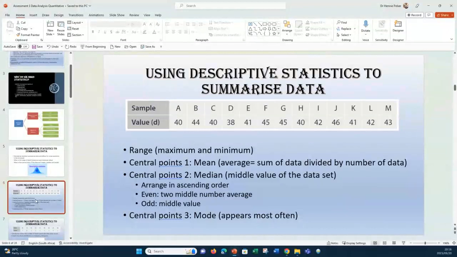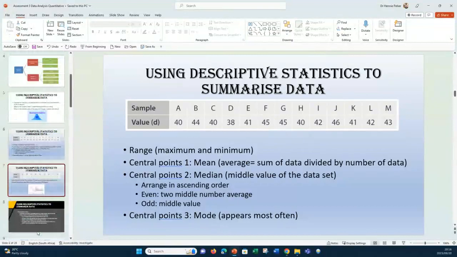The median is the middle value of the set. You look at the number of bits of data without counting, I would imagine about 45. And then, guys, the central point that appears most often is the mode. I'm not going to try and figure it out. You can see which one it is.